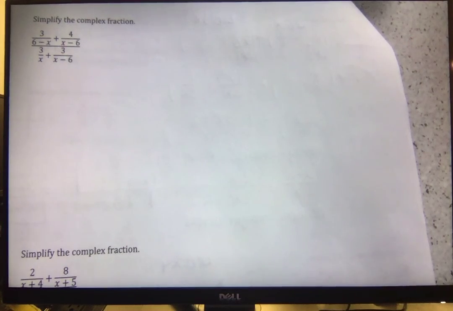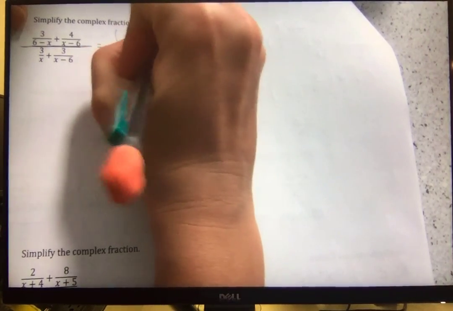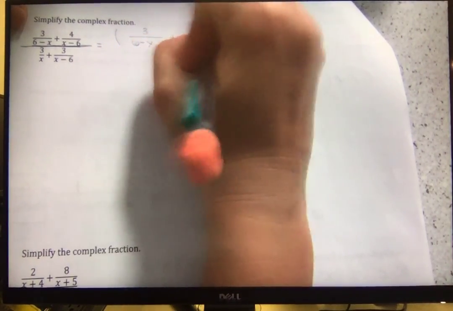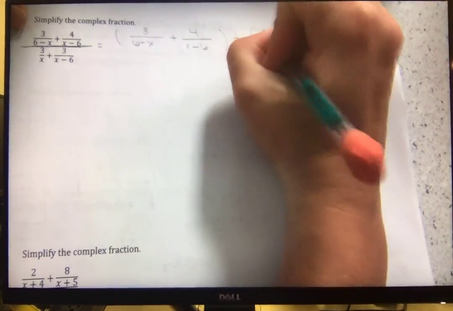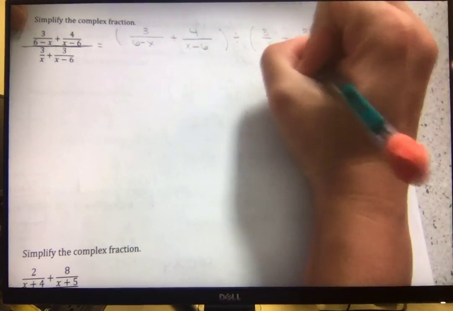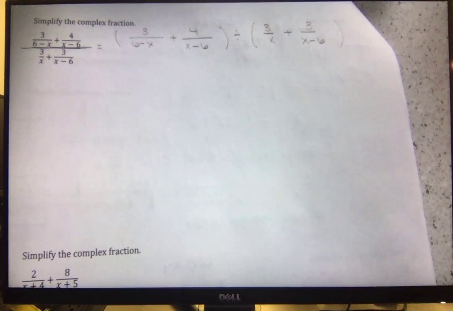This middle fraction bar, same exact thing we've been doing this whole time. We're going to write it as division.